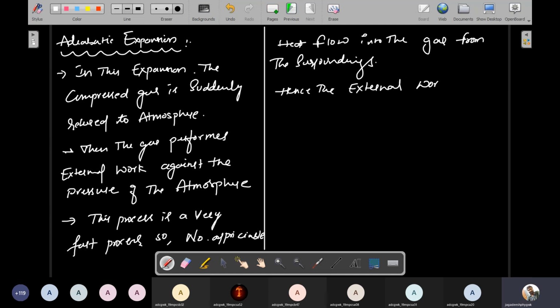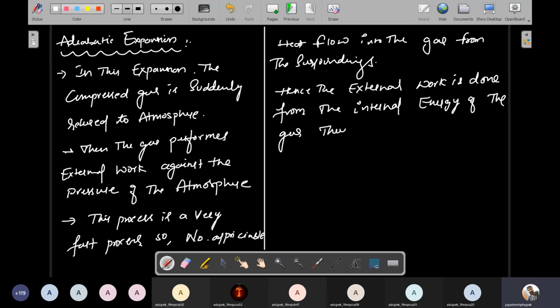Hence the external work is done from the internal energy of the gas.